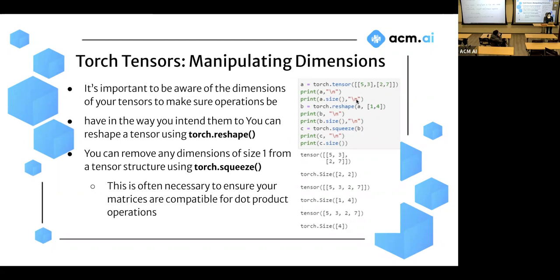When you print the size, we get that this is 2 by 2. However, when we do torch.reshape, we pass in a as well as the new size that we want it to be, which is 1 by 4. When we print out b, we get our new tensor, which has the exact same values as a, but in a different format.